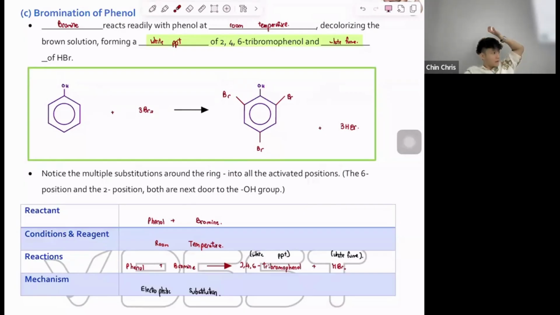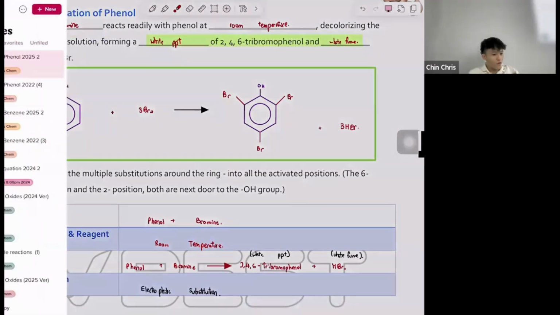You get 2,6 when there is excess bromine. With phenol, it will automatically form 2,4,6 because it's very reactive. But in some cases it is only 2 and 4.